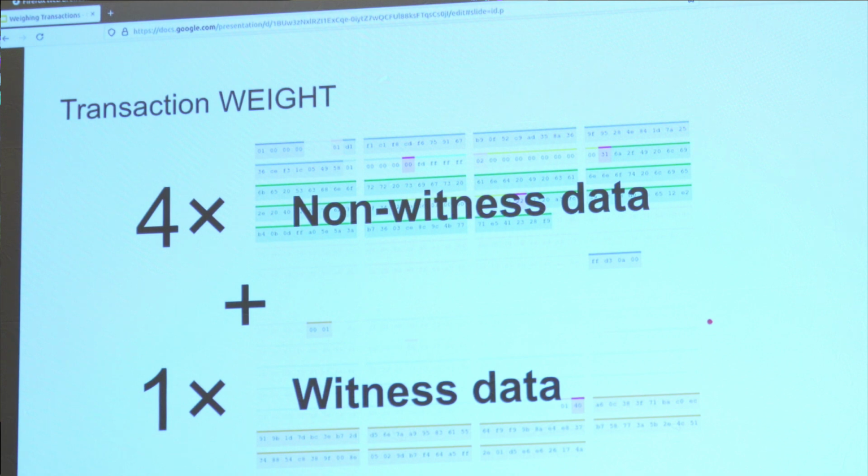What happens when we have witness data? Well, old nodes don't see the witness data, and the proportion of the block weight, the 4 million weight units, is bigger than the non-witness data of 1 million bytes. So whenever we have any Segwit transactions, they will always fit into the stripped block, and the stripped block will always be less than 1 megabyte.